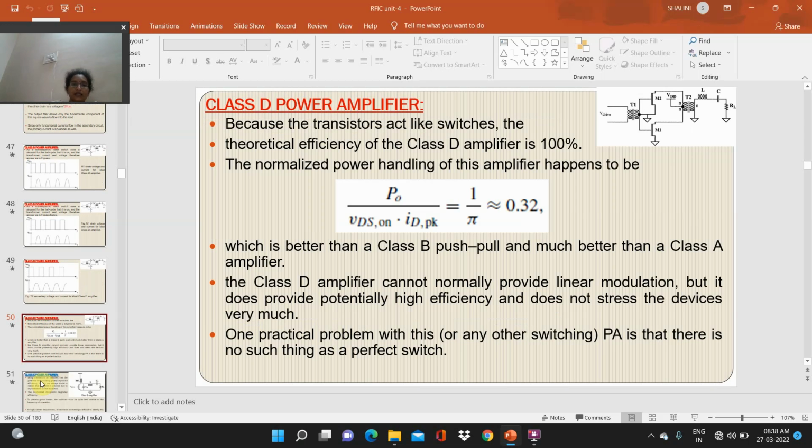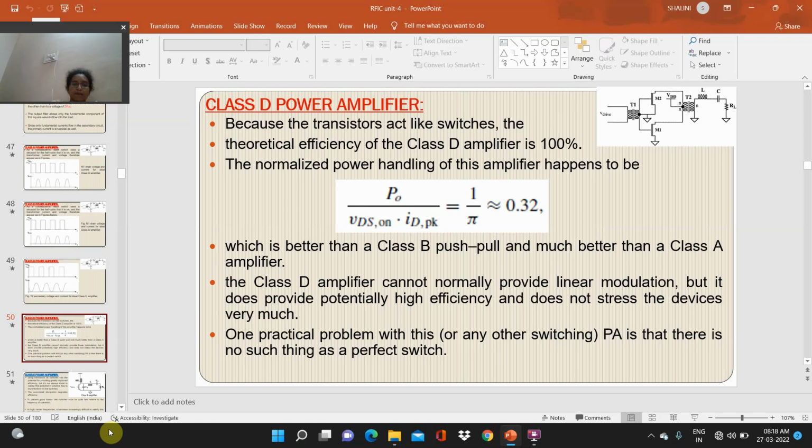Because the transistors act like switches, the theoretical efficiency of the Class D amplifier is 100%. The normalized power handling of this amplifier, P0 divided by VDS,pk times ID,pk, is equal to 1/π, about 0.32, which is better than a Class B push-pull and much better than a Class A amplifier.